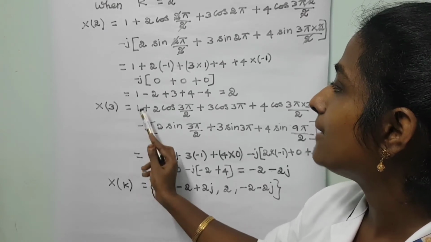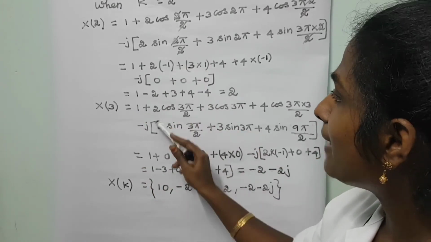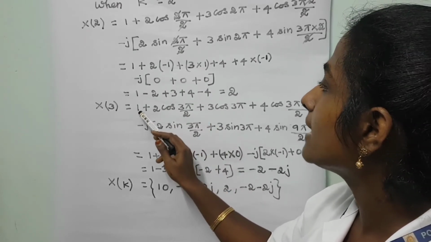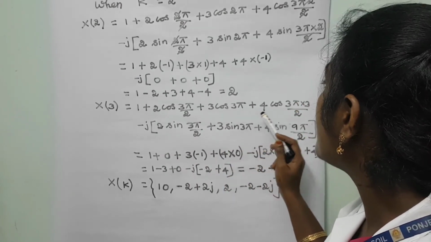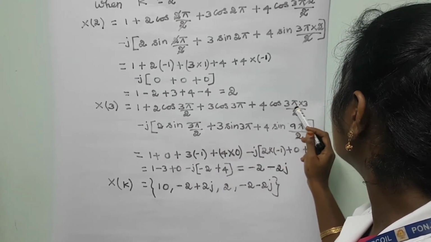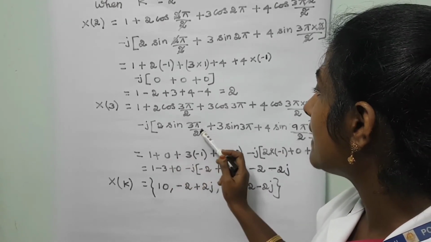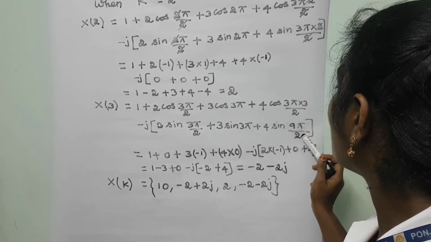Last, x of 3. When k is equal to 3, you substitute the value of k as 3 in that equation. So you will get 1 plus 2 cos 3 pi by 2 plus 3 cos 3 pi plus 4 cos 9 pi by 2 minus j into 2 sin 3 pi by 2 plus 3 sin 3 pi plus 4 sin 9 pi by 2.